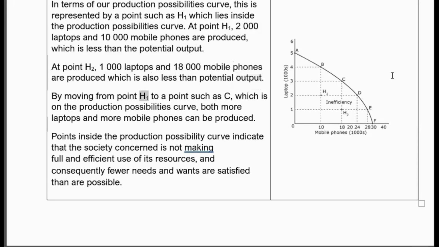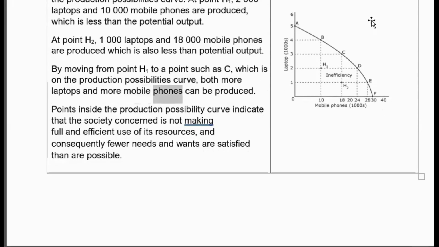By moving from point H1 to a point such as C, which is on the production possibilities curve, both more laptops and more mobile phones can be produced. Points inside the production possibilities curve indicate that the society concerned is not making full and efficient use of its resources, and consequently fewer needs and wants are satisfied than are possible.